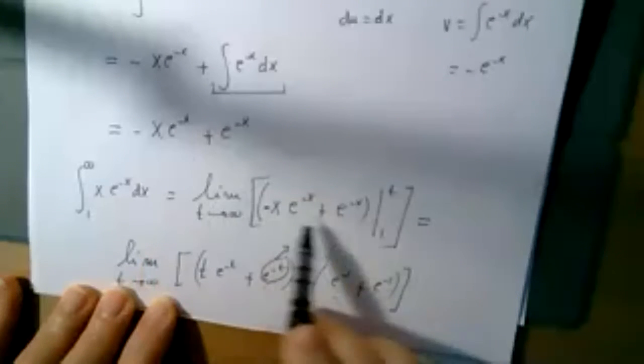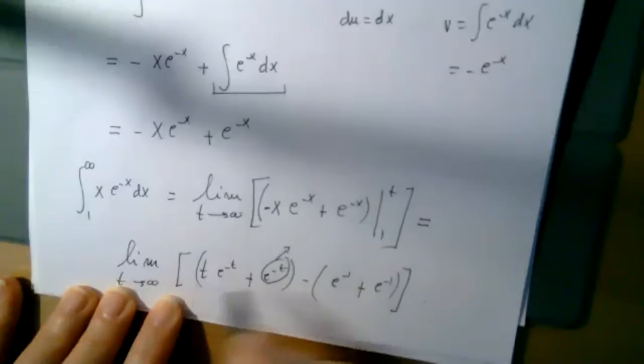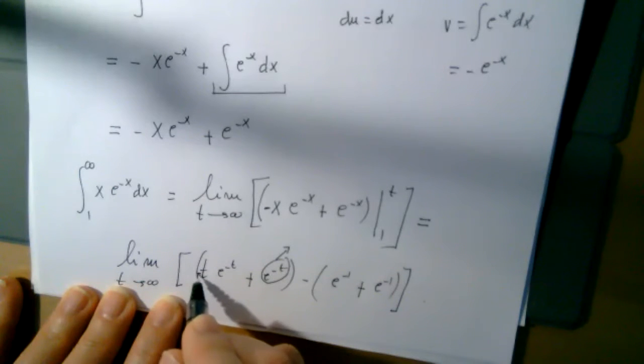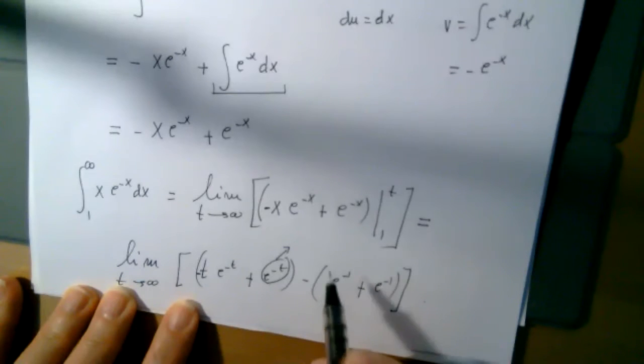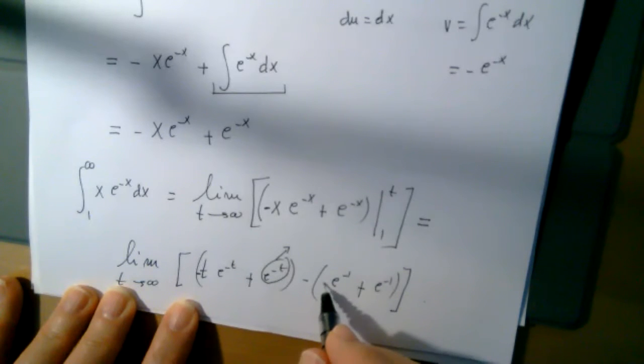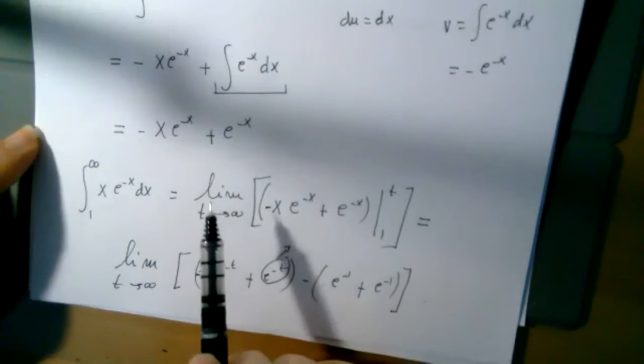So that's minus e, plus that. It means this is, at the upper limit, minus t, plus at the lower limit, if t is equal to 1. I'm missing something, right?